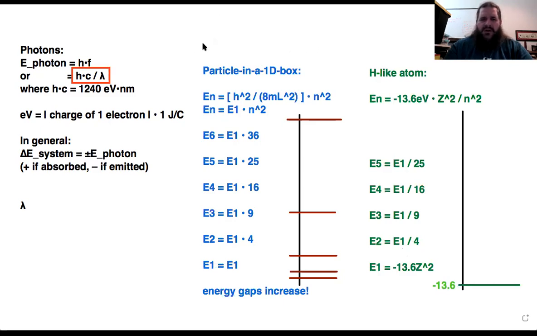And I'm going to mark 0 on this graph also, because 0 is the highest this can get. It's never going to get up to 0 or above 0. But as we go up, E2 is going to be negative 3.4. So that's a fourth of the way up to 0.